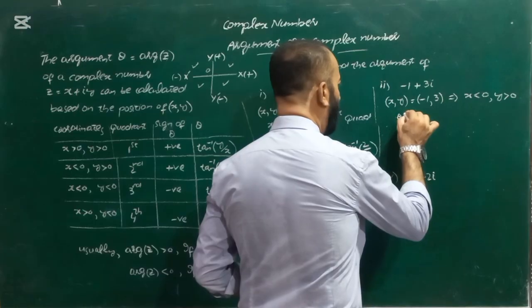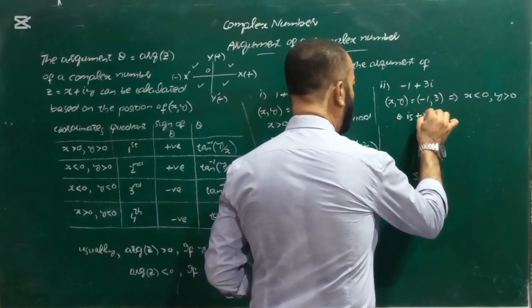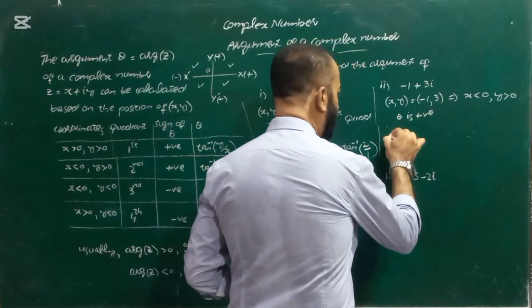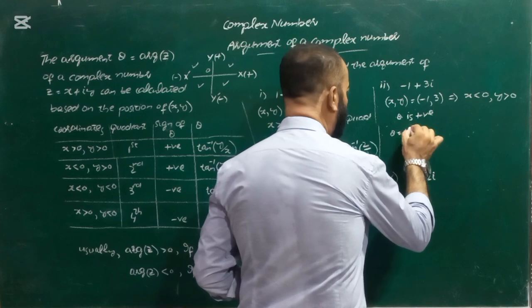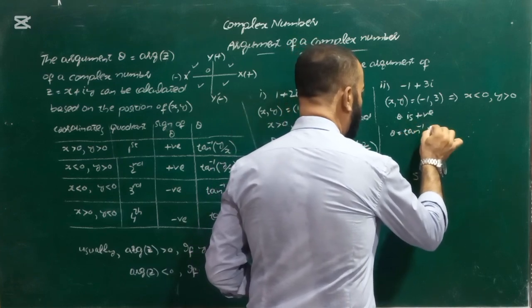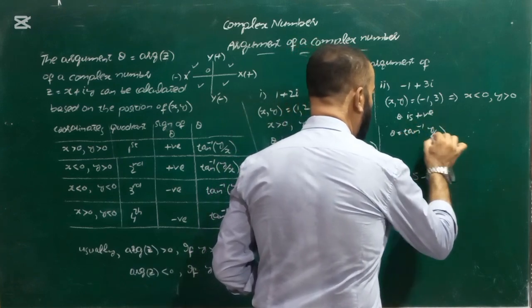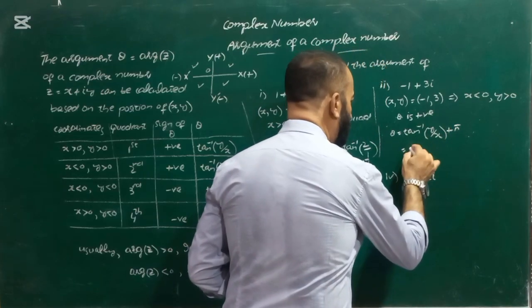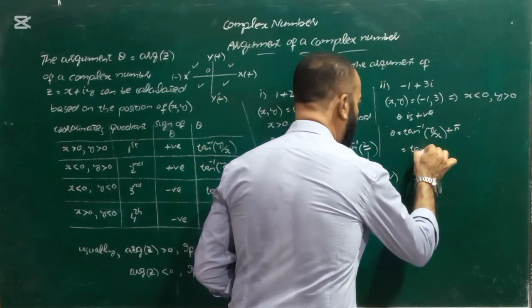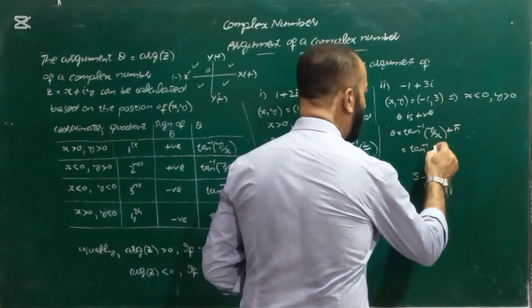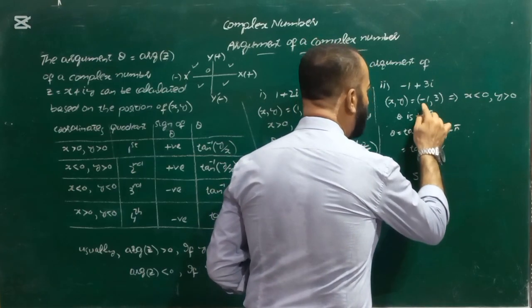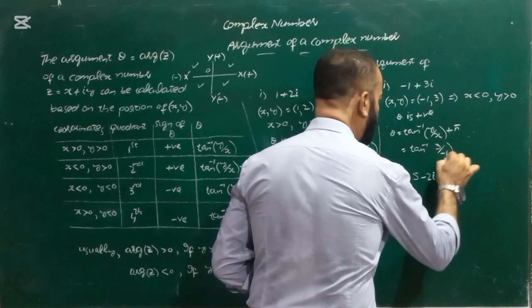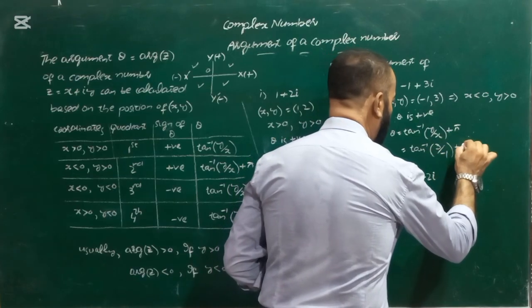So theta is positive and theta is equal to tan inverse y by x plus pi. Now we will put the values into this one: tan inverse, y is 3 and x is -1, plus pi.